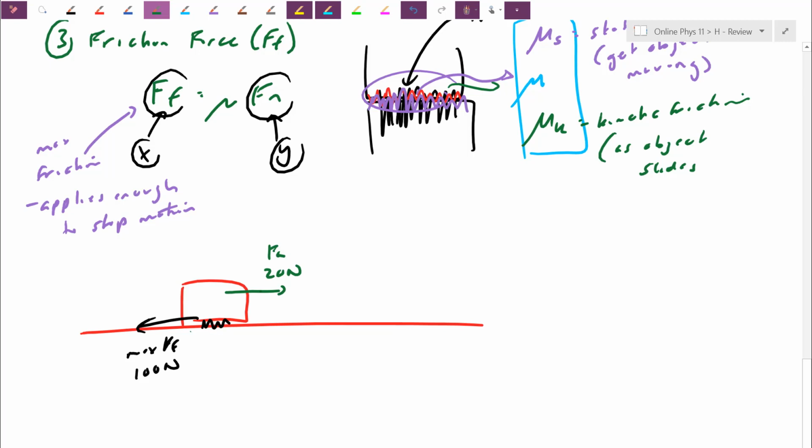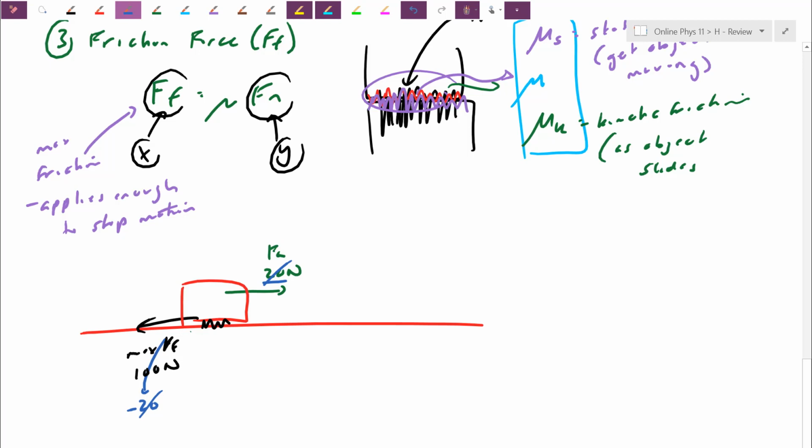If friction maxes out against me, there would be a net force in the left-hand direction, which doesn't make any sense. Friction says, just like the bird analogy, oh, look at you, you're only actually pulling 20. That's nowhere near the 100 I can go against you. Friction is going to drop down to 20 in the opposite direction. You can either put a negative there or just show it with the arrow. If friction goes against you 20, it's already canceled out your net force. If there's no net force, there's going to be no acceleration.